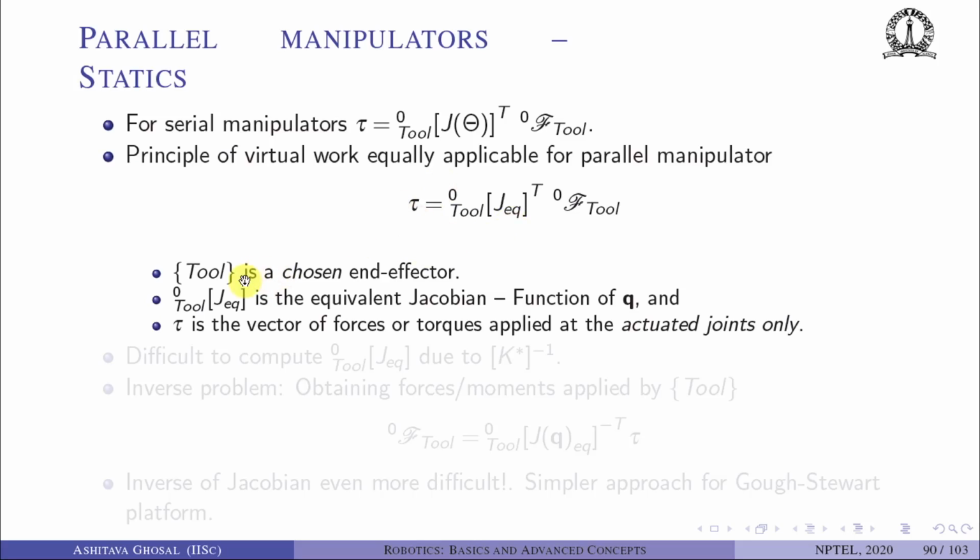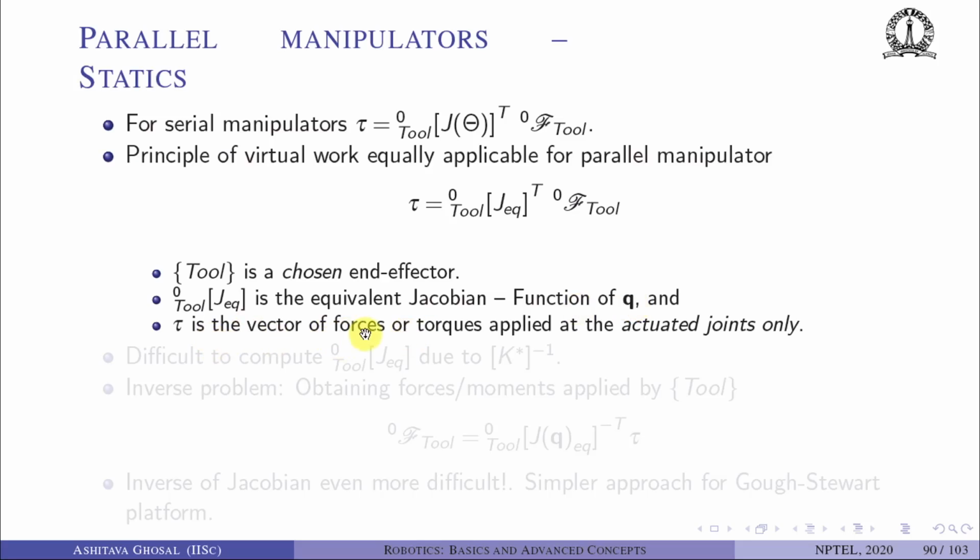So what is the subtle difference? Basically we have to say that the tool is the chosen end effector. In a serial manipulator the end effector is very natural. In a parallel manipulator we have to derive this Jacobian for the chosen end effector. And this J equivalent is the equivalent Jacobian. It is a function of all the passive and active joints, that is, of the Q's, the configuration variables.